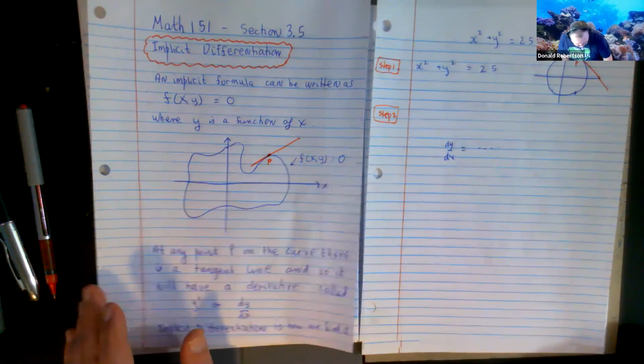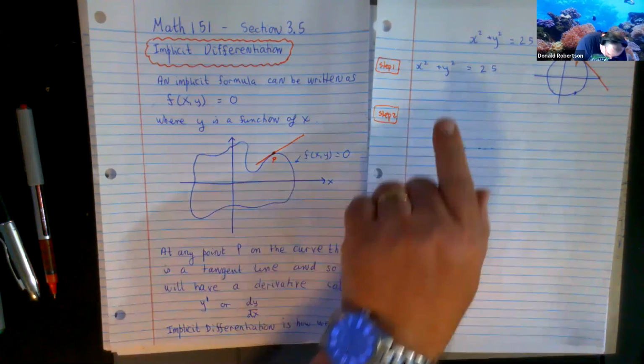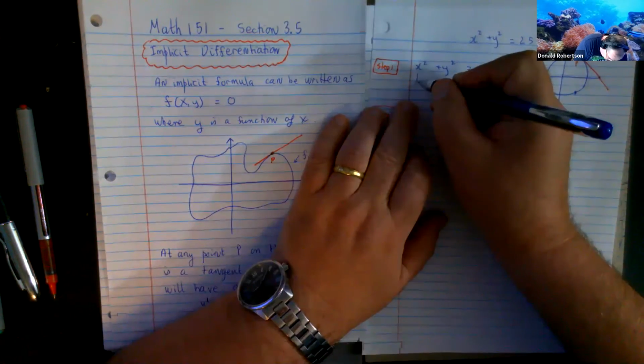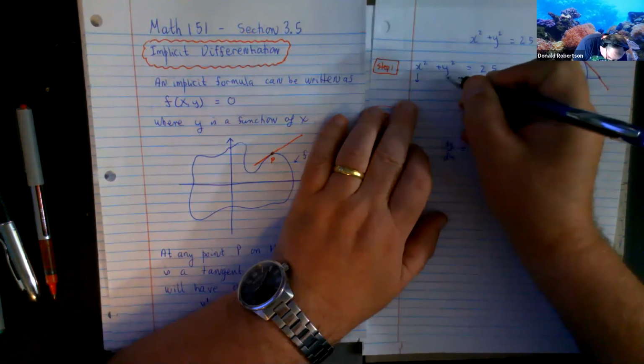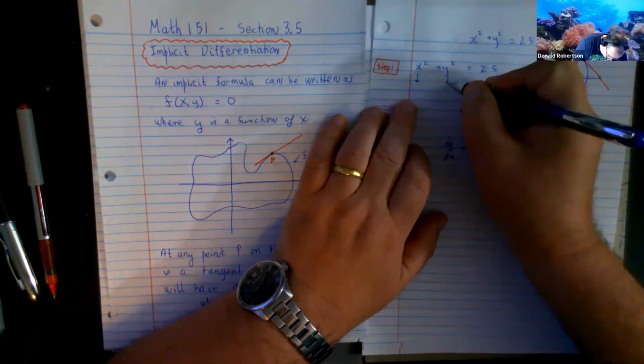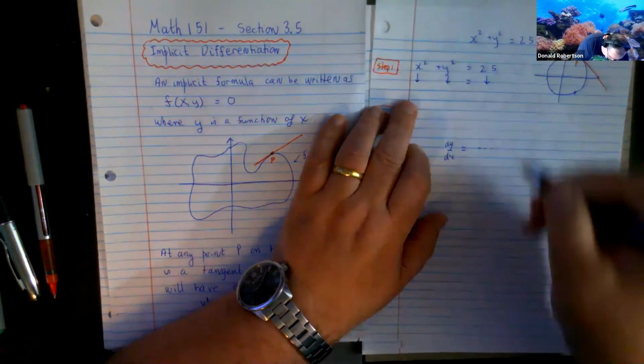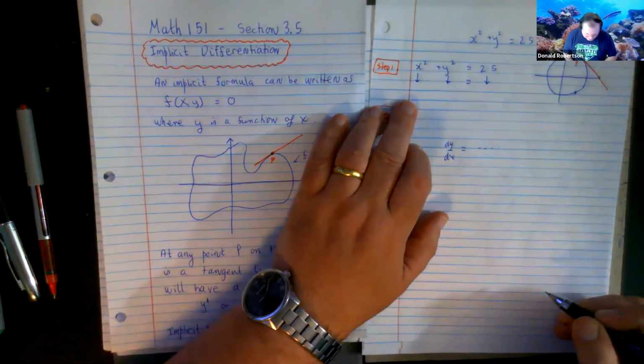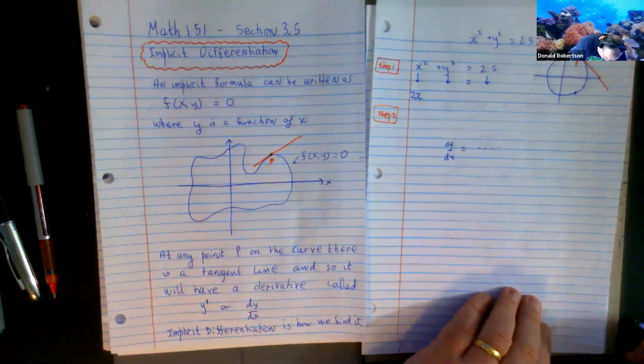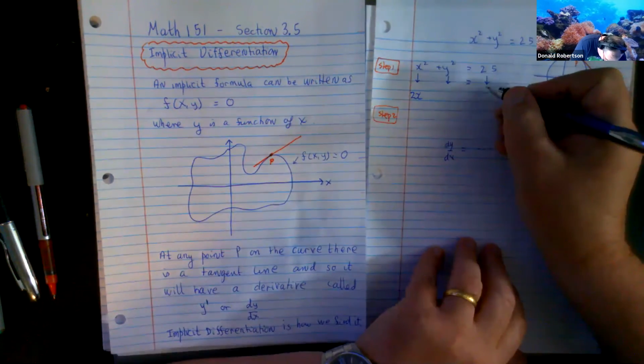So step 1 is differentiate. And what you do is you differentiate each piece on its own. If I differentiate x squared, it's still 2x. That's not changed. If I differentiate the number 25, would you agree that that's 0?